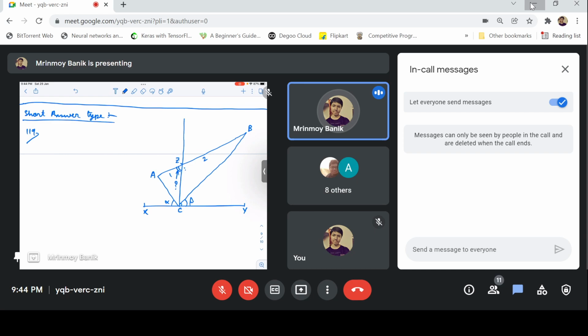So B plus A is alpha plus beta, so B is alpha plus beta minus angle A. Angle A is 90 minus theta plus alpha.